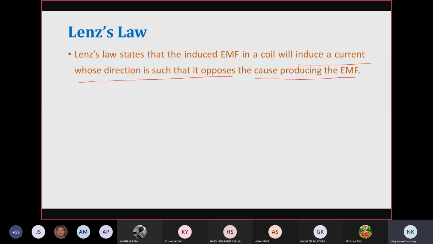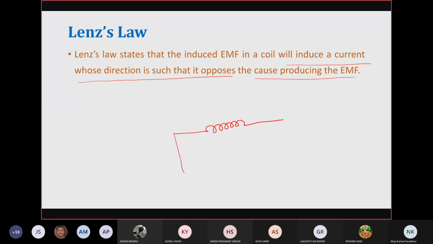Means simply, Lenz law says that the effect always opposes the cause. So what is the effect? In order to understand this, let us consider one inductor or coil.